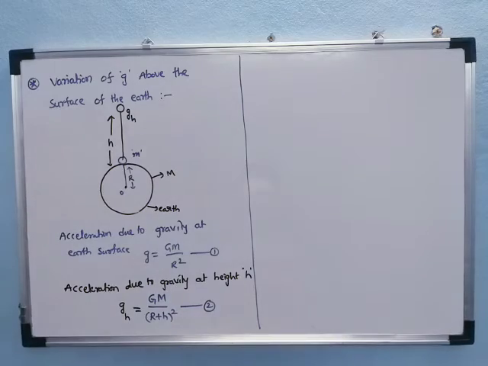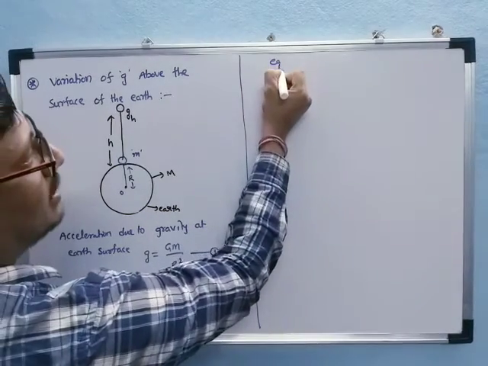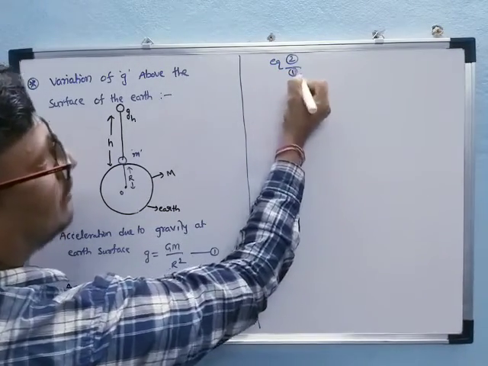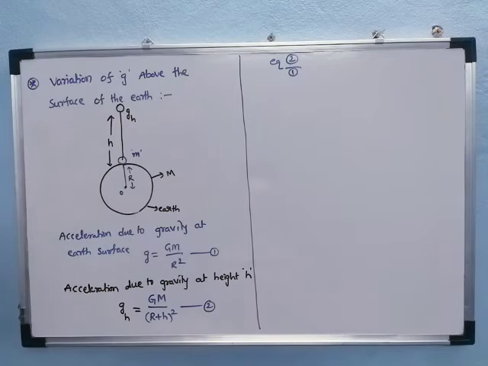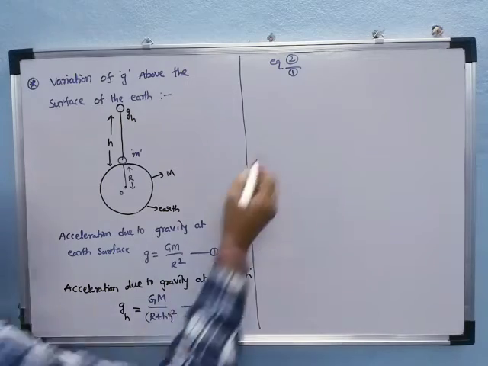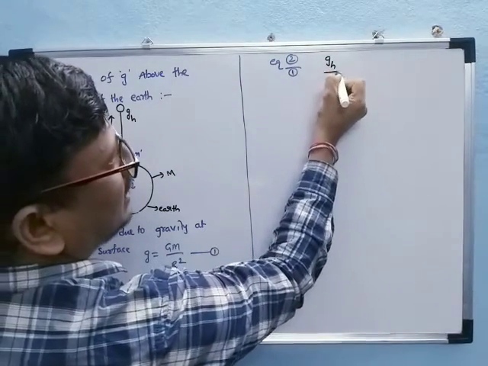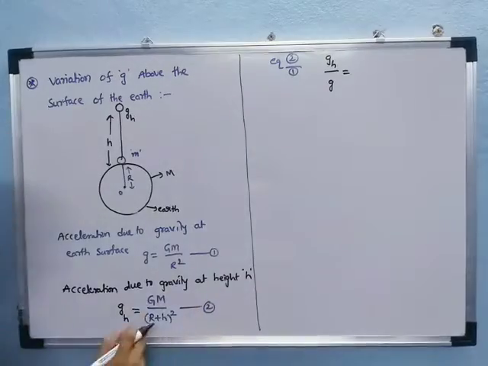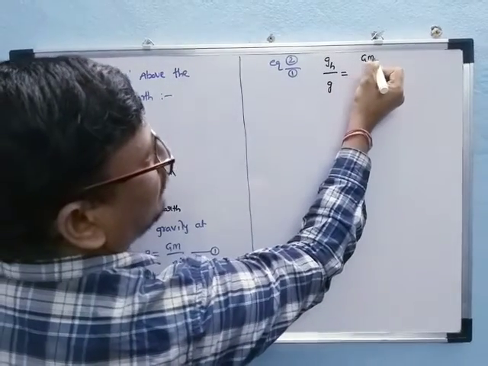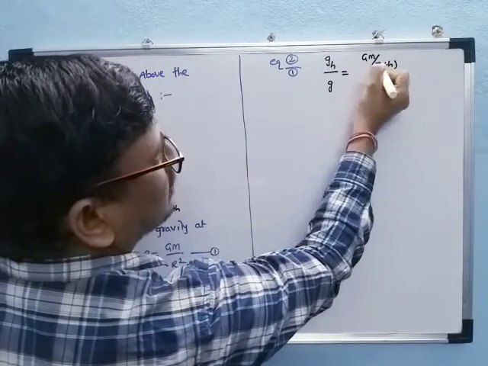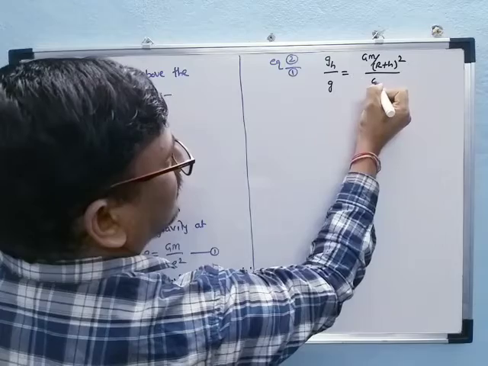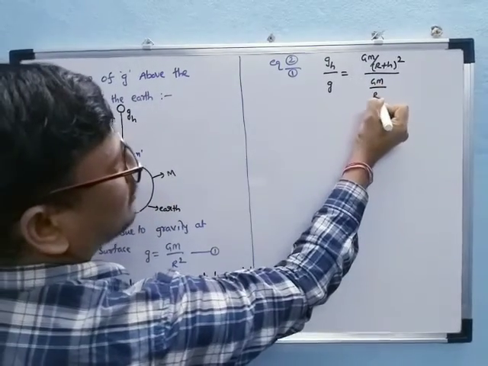Now equation 2 divided by equation number 1. gh by g is equal to GM by R plus h whole square, divided by GM by R square.